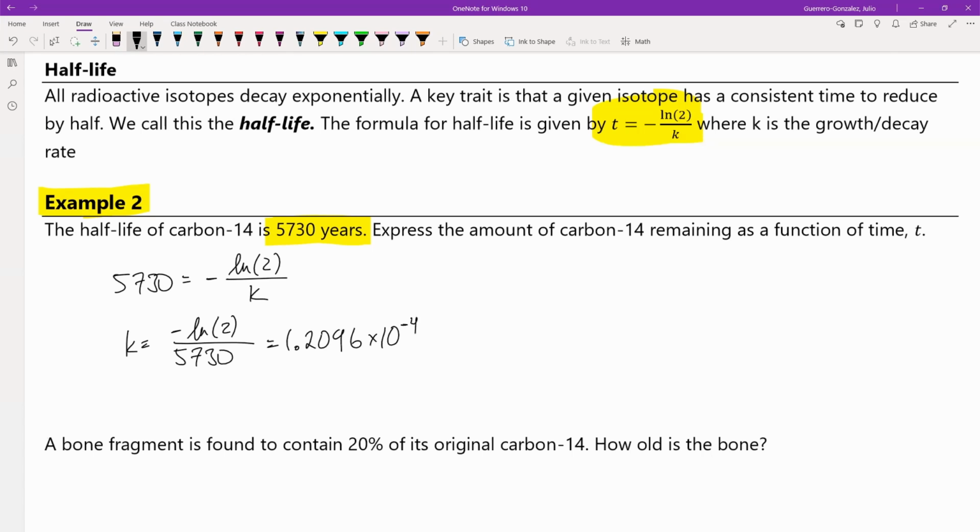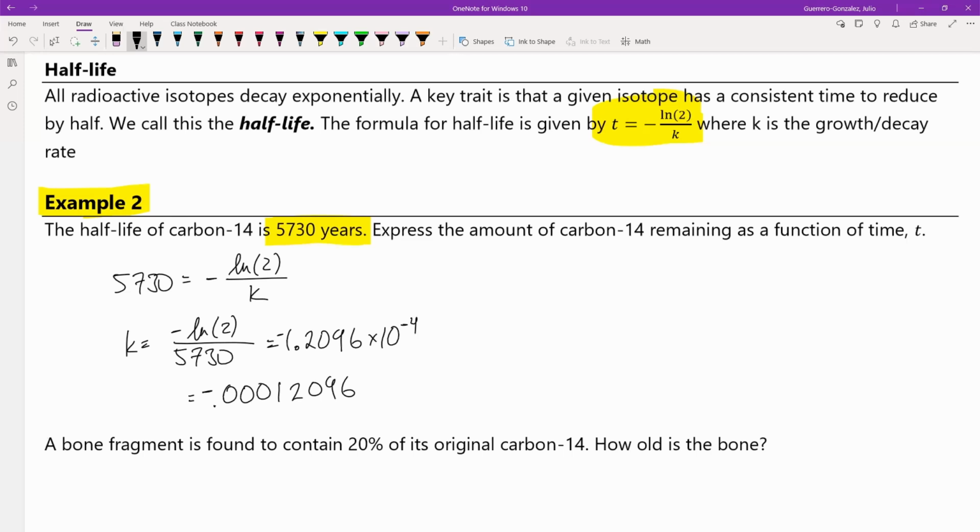So that is equivalent to 0.00012096. Let me get this right really quick.